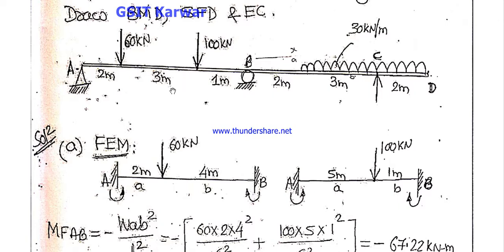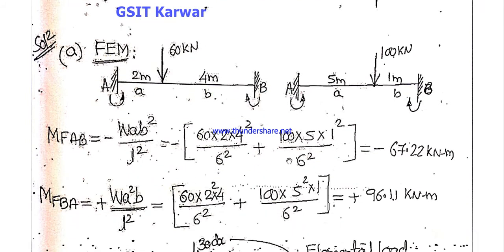That means we can take the loads one by one. First we consider 60 kilonewton and after that we consider 100 kilonewton. Like this you can split, and by adding both fixed end moments we get the final moment of span AB.